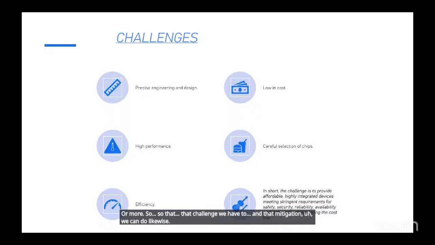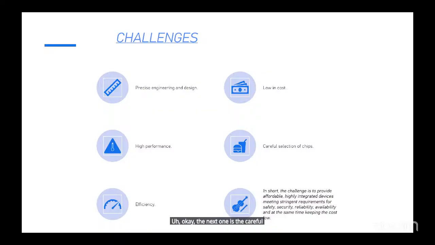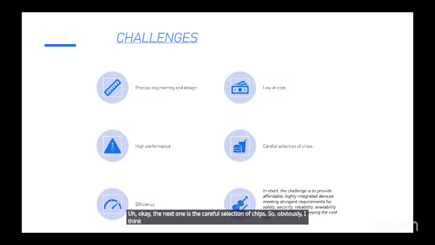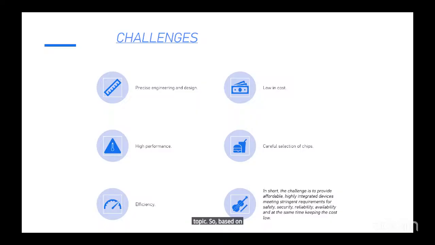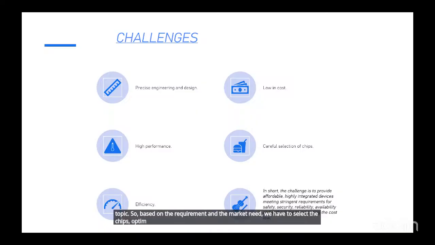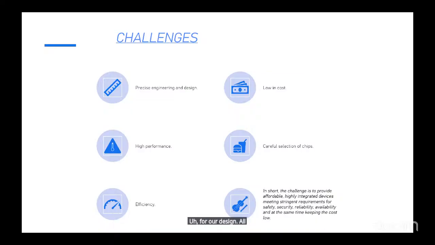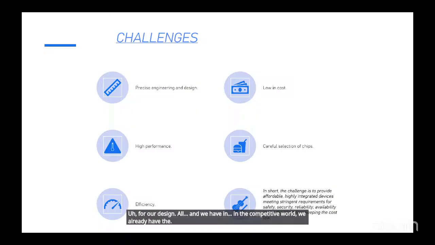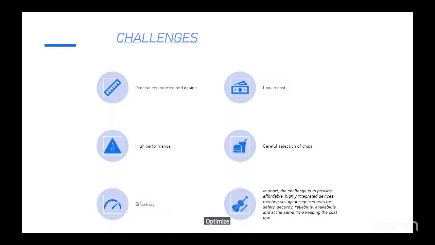Okay, the next one is careful selection of chips. I think I've already covered this topic. Based on the requirement and the market need, we have to select the optimized chip for our design. In the competitive world, we already have optimized chips, microcontrollers and processors, so out of them, we can choose accordingly.